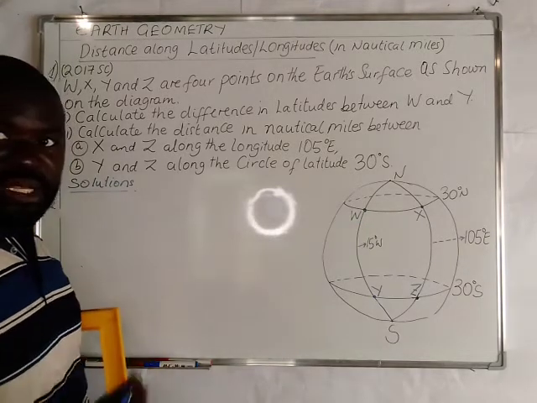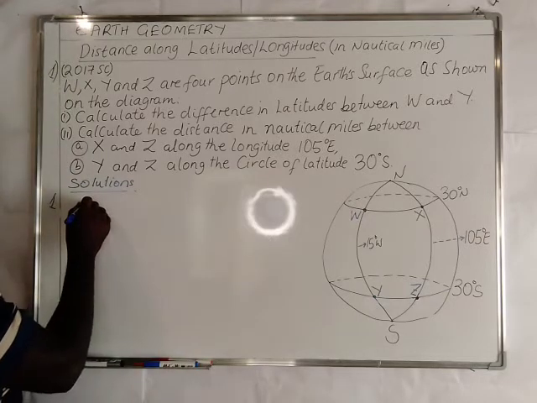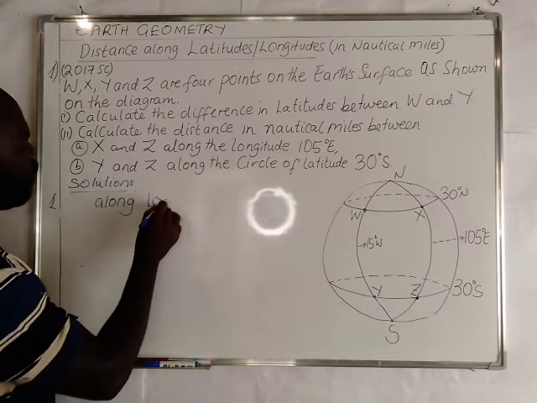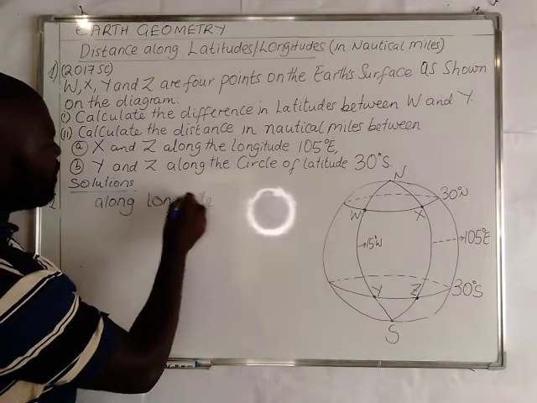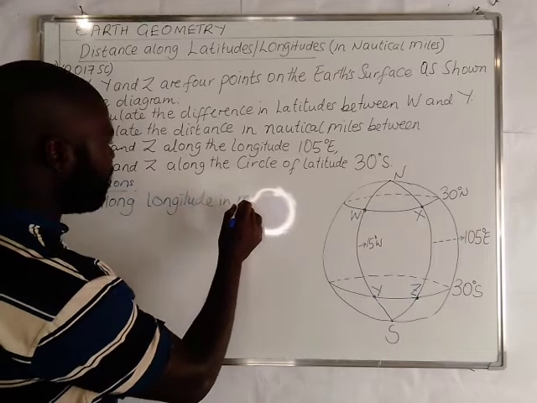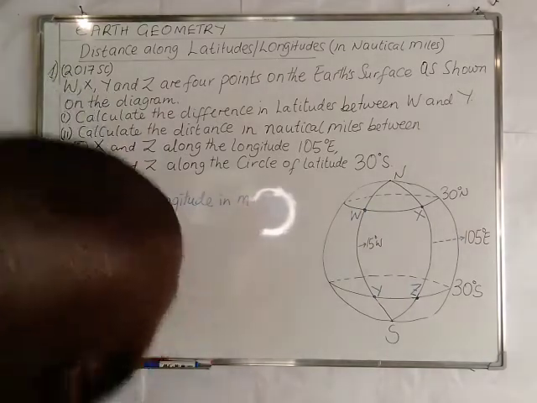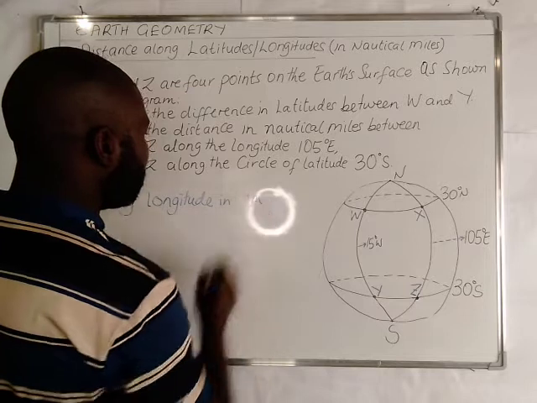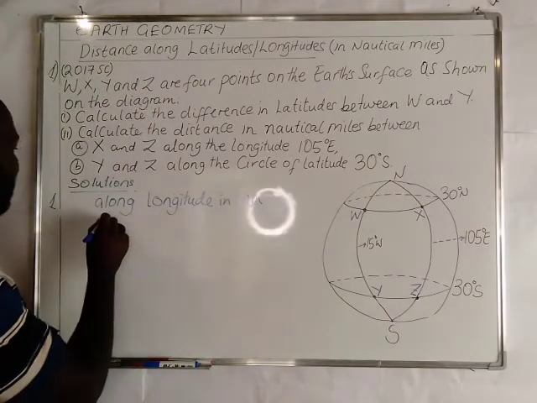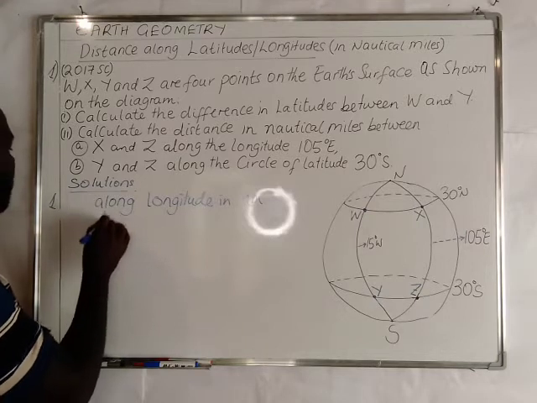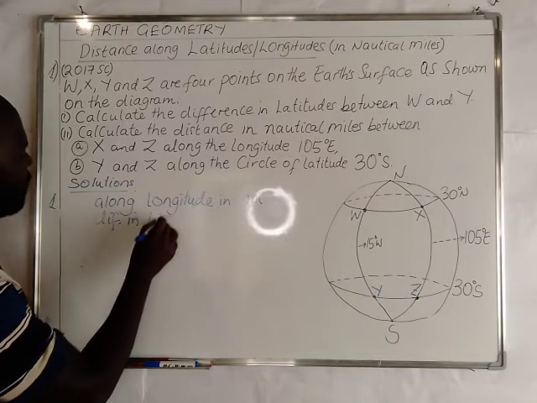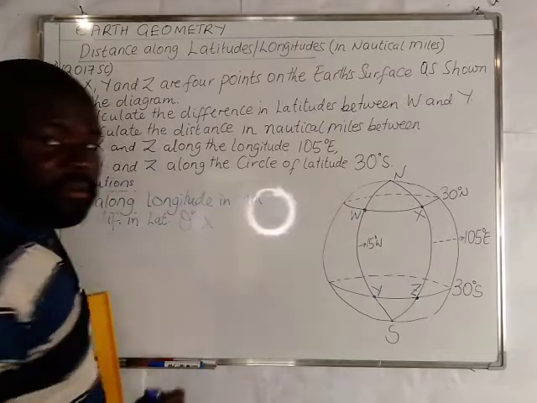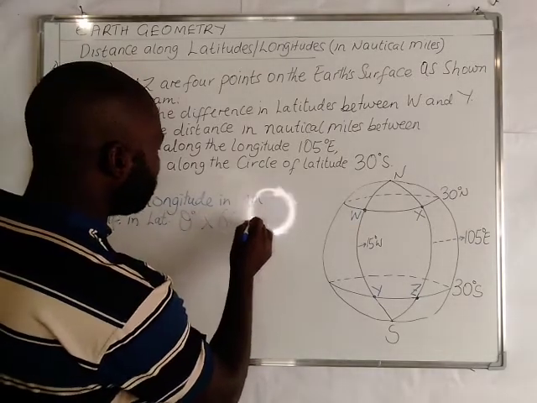If we are getting the distance along longitudes in nautical miles, what we do is just get the difference in latitudes, which we call theta, then multiply by 60 nautical miles.